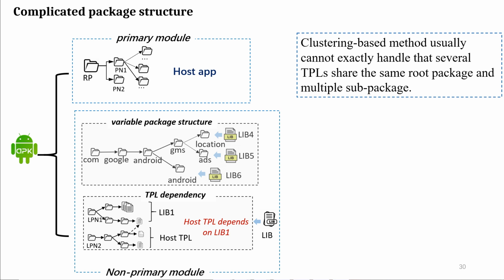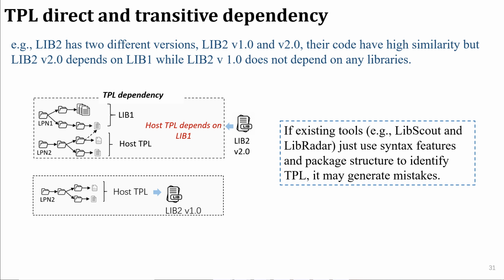But all of these package structures together constitute a complete Java project. Therefore, if we use the package structure to identify the library instance, it will make a mistake. Here we give an example. You can see it offline.